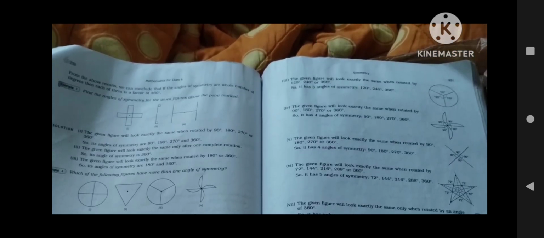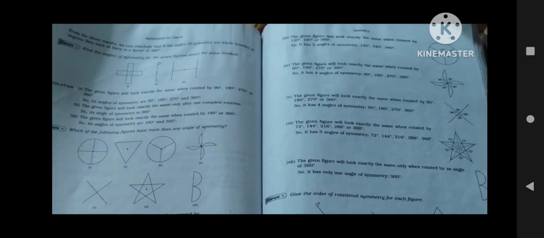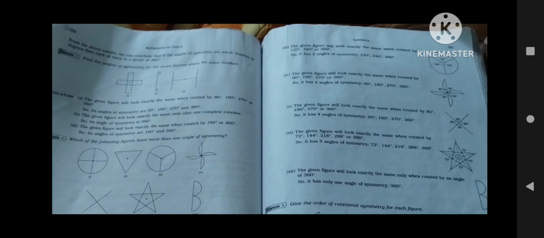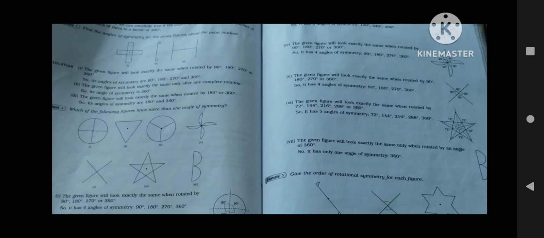3. The given figure will look exactly the same when rotated by 120, 240 or 360 degrees. So it has three angles of symmetry: 120, 240, 360 degrees. 4. The given figure will look exactly the same when rotated by 90, 180, 270 or 360 degrees.